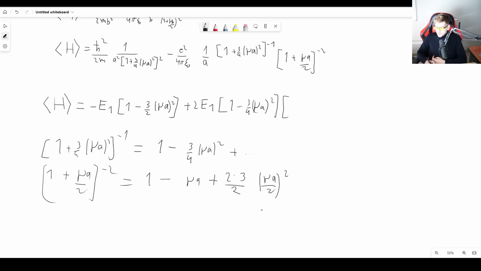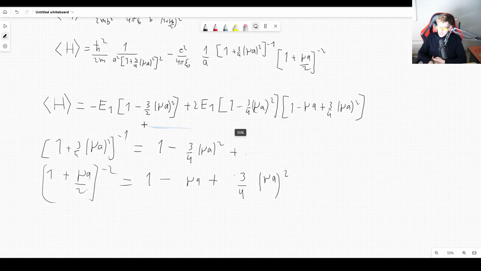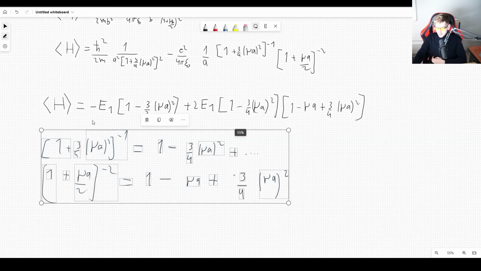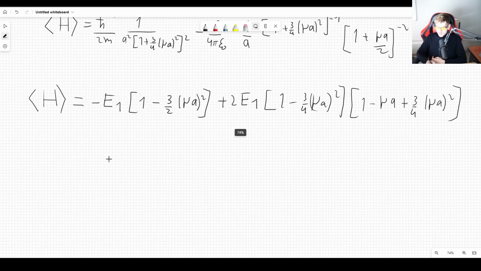So this would mean these two cancel out, and we are left with 3 over 4, considering this one. Okay, so let's plug it in. We get 1 minus mu a plus 3 over 4 mu a squared. So now we need to multiply all of this. So in the first term, there isn't really much more to do, right? It's done already. It's ready.